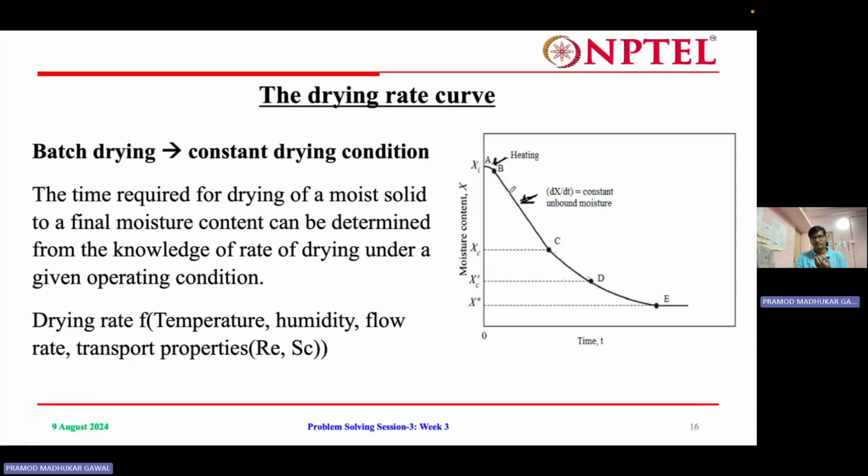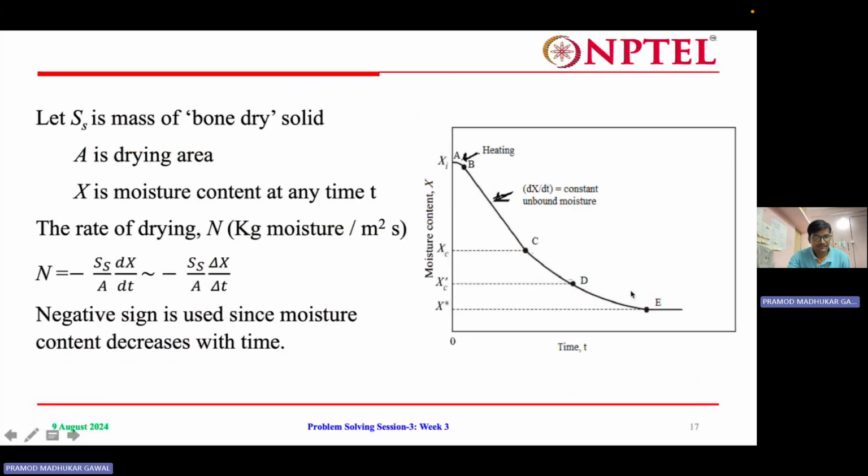So initially A to B, B to C, C to D, and D to E. A to B is the unbound moisture, then B to C is the constant drying rate, and C to D the first falling rate, then D to E second falling rate.